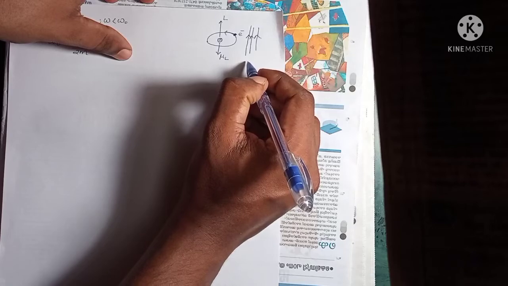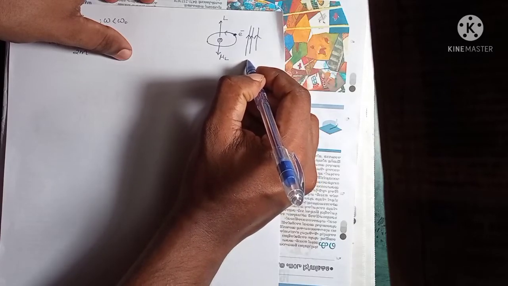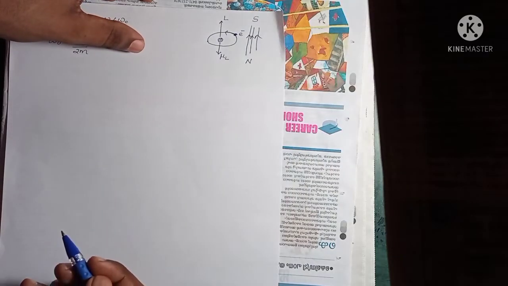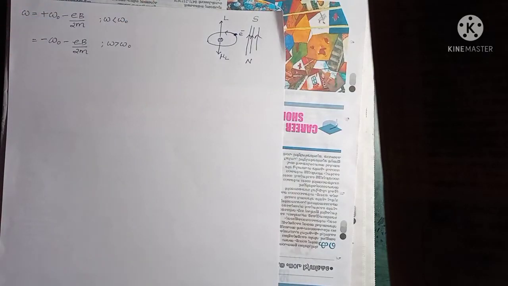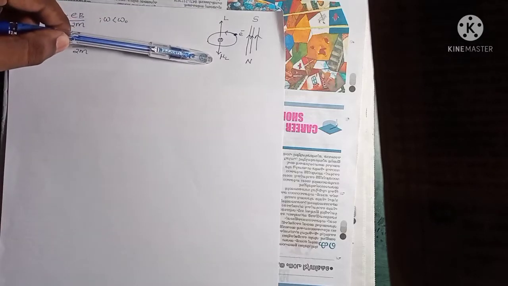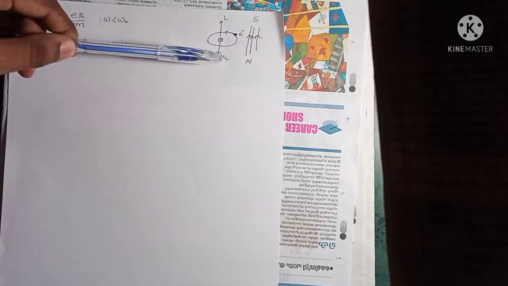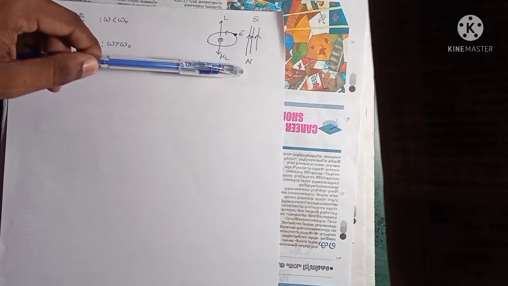That means there is a north pole here and a south pole here, because magnetic field is from north pole to south pole. And so it is clear that the magnetic moment is always in the direction of the north pole.